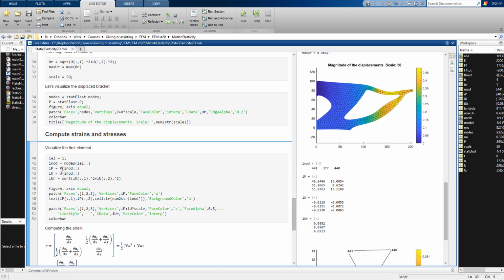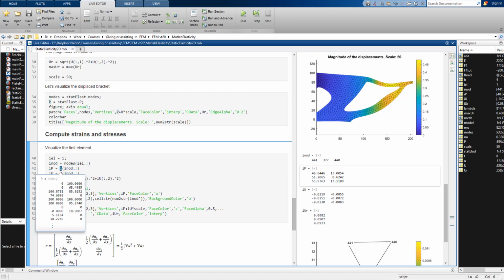Then I know that P contains my coordinates, and these nodes are referencing the rows in these points. So INode is referencing the 441st row of P, and so on and so on. So IP now contains my 3 points that make up the first element.